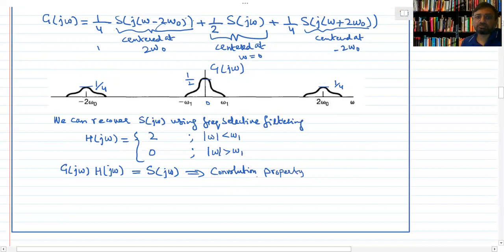In the demodulation process, we use the multiplication property as well as the convolution property to recover the signal Sj omega.